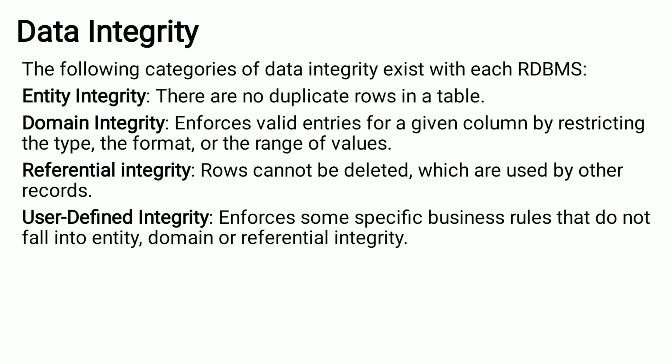Second one is domain integrity. It enforces valid entries for a given column by restricting the type, the format or the range of values. That is known as domain integrity. Restriction on type, format and range of values, that is known as domain integrity.